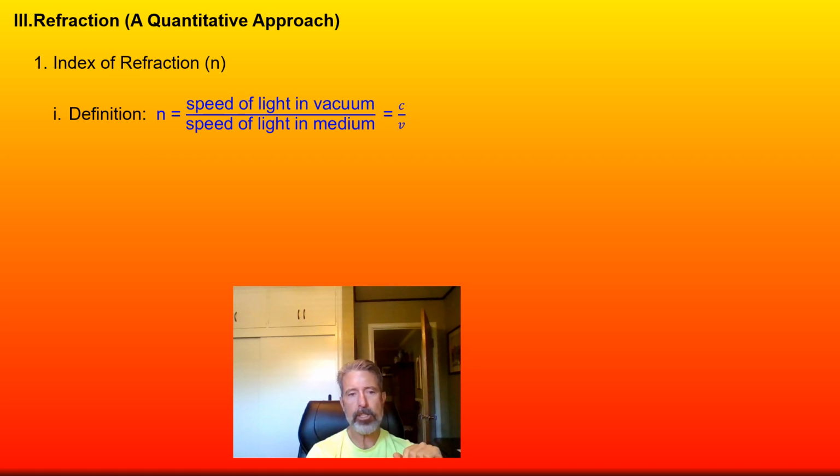There's an inverse relationship here. For media where light travels very fast, close to the speed of light in a vacuum, the indices of refraction will be very close to 1, when the speed v approaches the speed c in a vacuum.